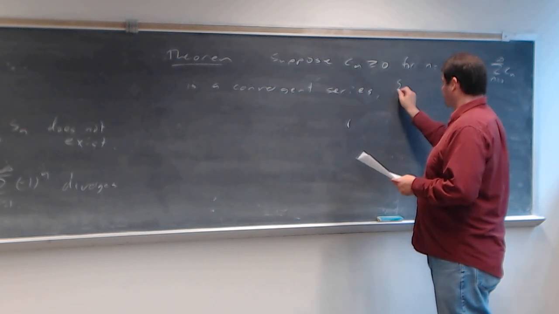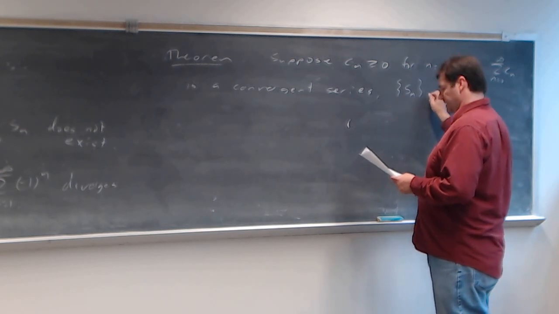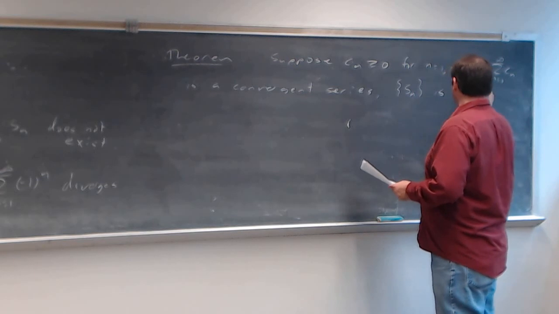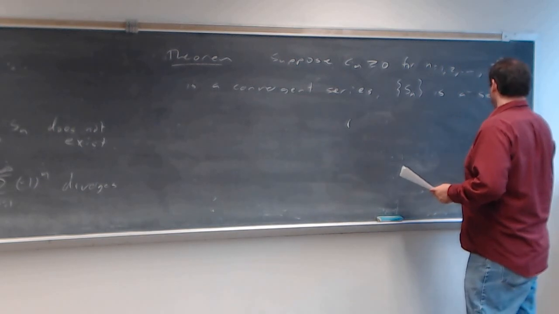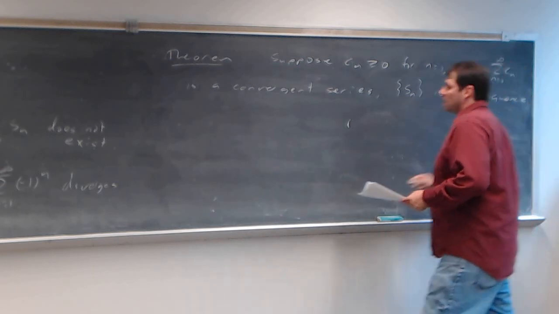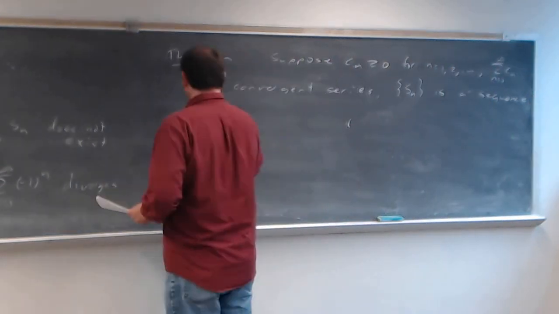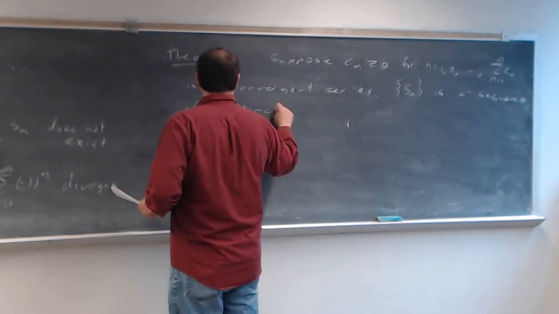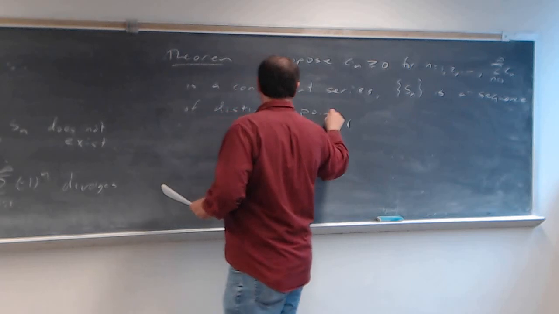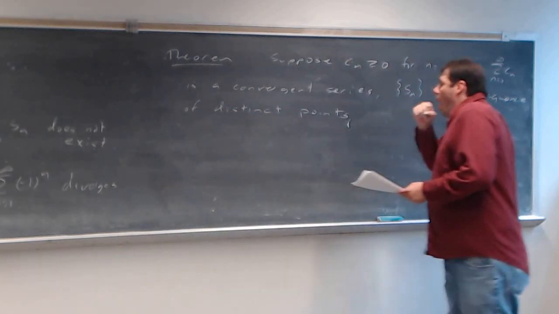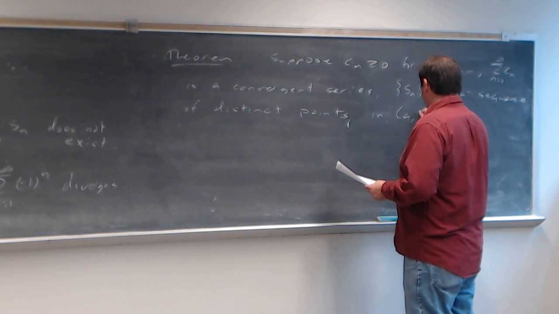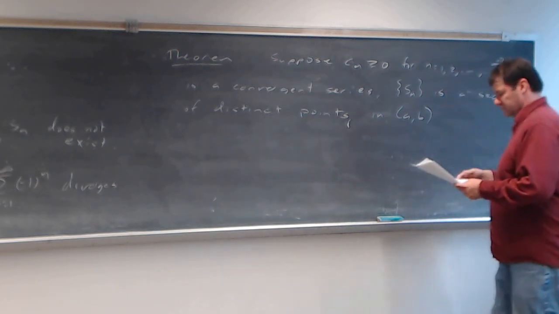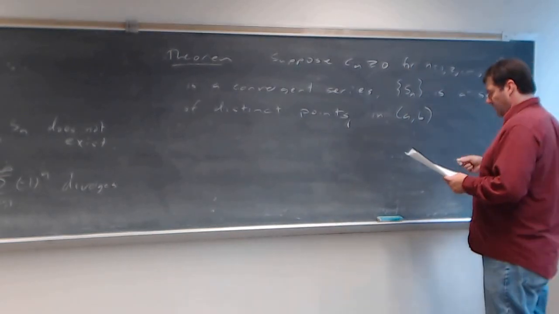Then we're going to have the sequence s sub n be a sequence of distinct points in the open interval from a to b, where our function we're about to get to is defined.